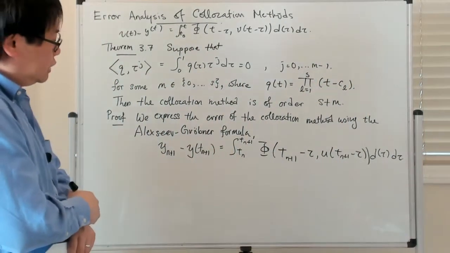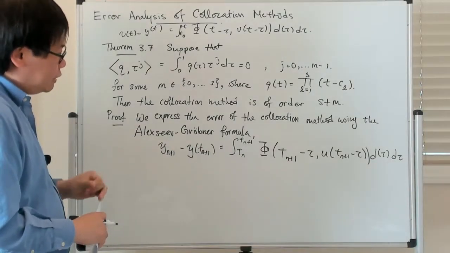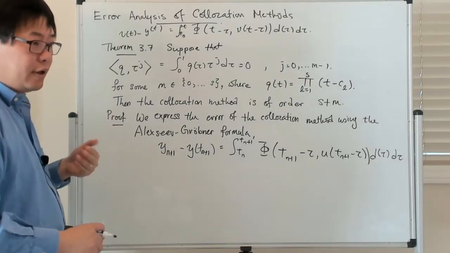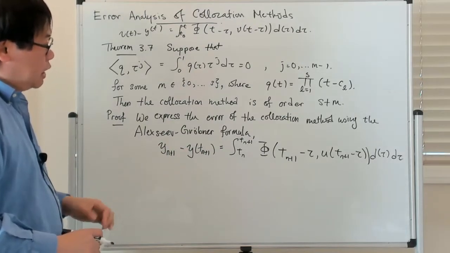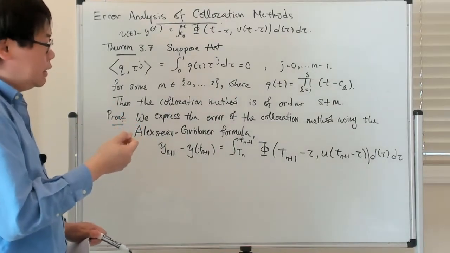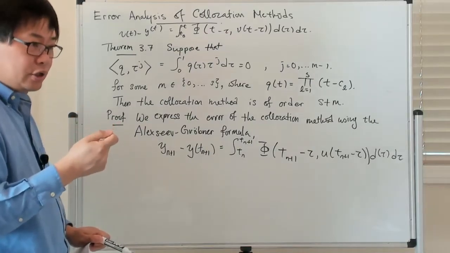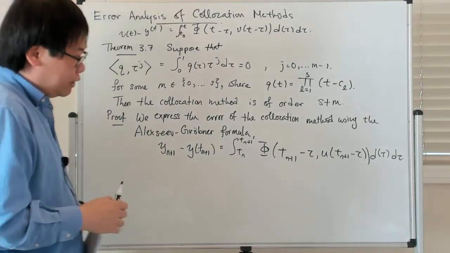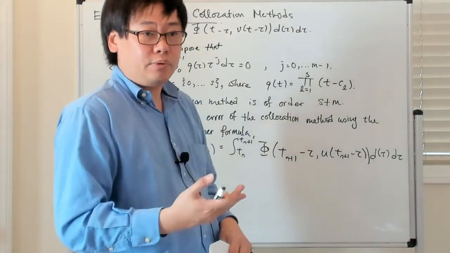The art in using this Alexeyev-Grobner formula comes from the fact that, if you recall, the collocation method, when you think of it as finding a distinguished element of some polynomial space, comes from the fact that that element agrees with the initial condition, as well as satisfying the differential equation at the collocation points. All right. So the idea is that the defect d at the collocation points vanishes.